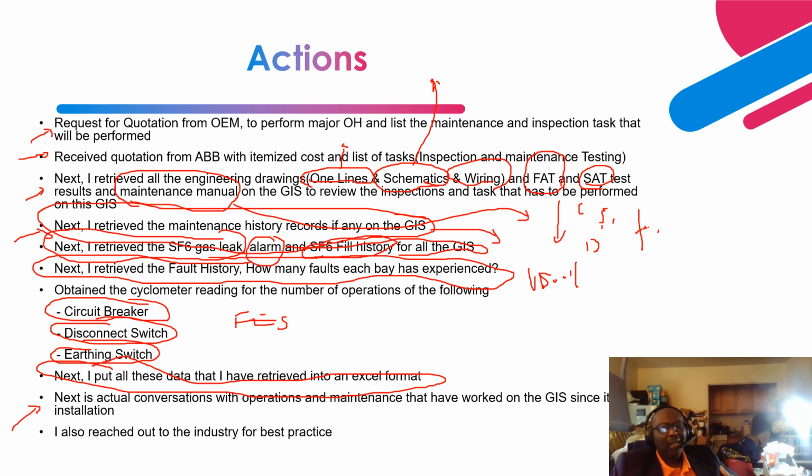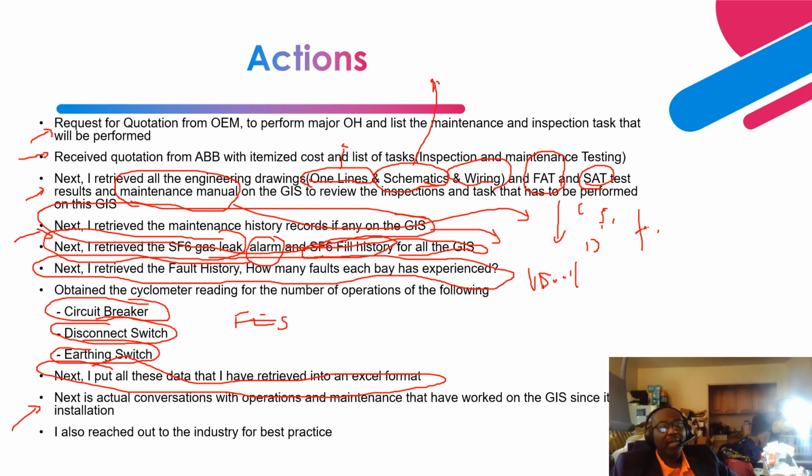Basically, to have a feel, I spoke with those who have been around since the installation of these GIS, because you have an assigned operations and maintenance person for each area. Where these GIS are located, there is a dedicated operations and maintenance staff.